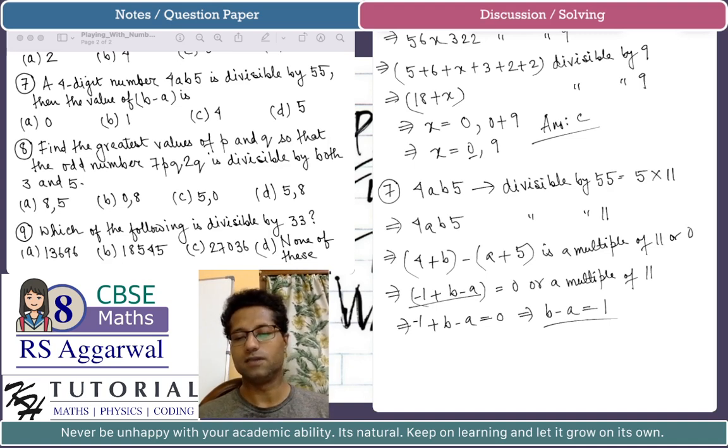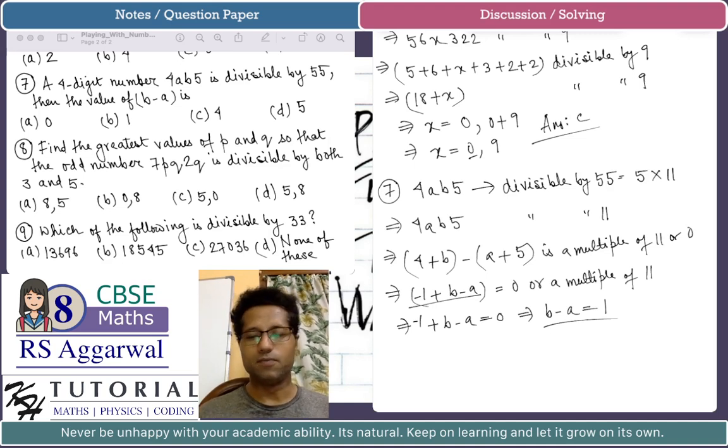If it is 11, then the value of B minus A must be 11 plus 1, which is 12, which is not in the given choices. Any further multiple of 11 will not give a proper solution either. Let's say if it is 22, then B minus A will be 23. So it will keep on increasing.